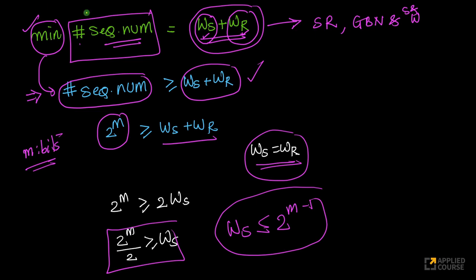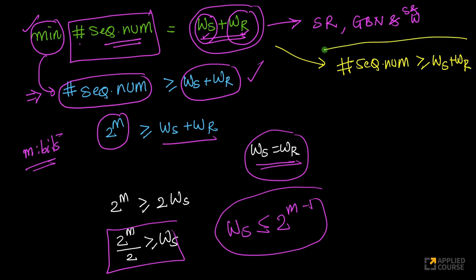So the simplest way to understand this is the number of sequence numbers is always greater than or equal to the size of the sender window and receiver window. If you are confused with this minimum term here, just understanding this equation and using this equation is good enough, right? Very, very simple, but a nice equation nonetheless.